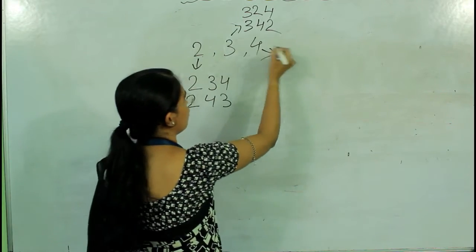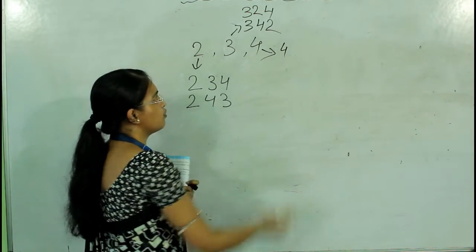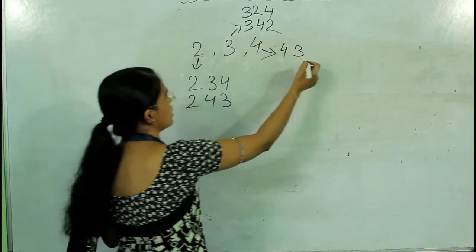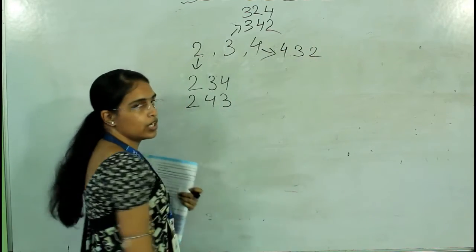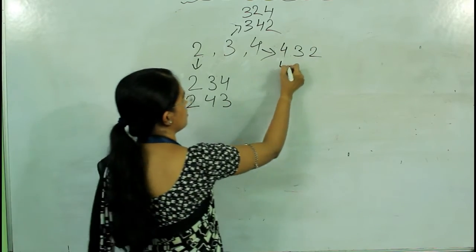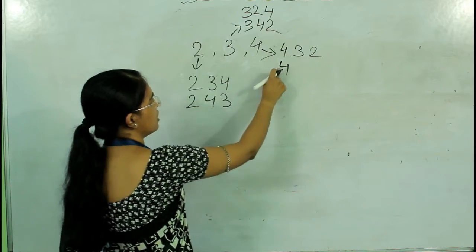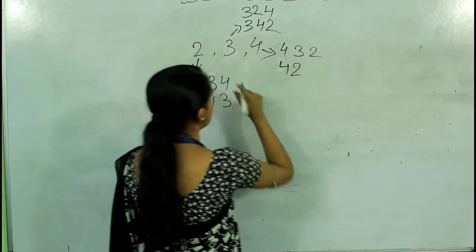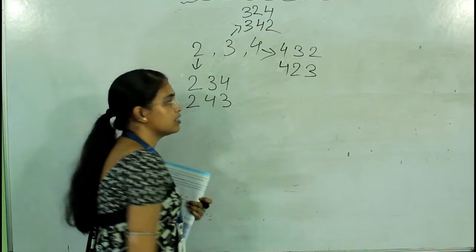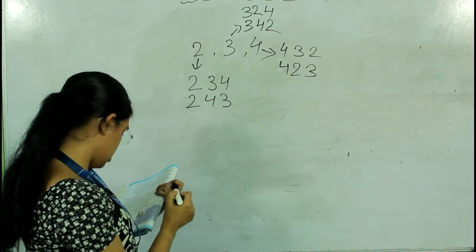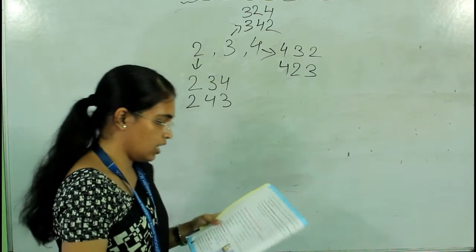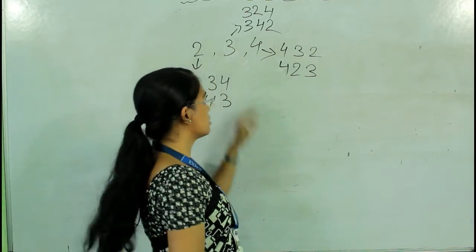Okay. So 4. First I take 4, then 3, then 2. So it becomes 432. Then another one: first 4, then 2, then 3. Then it becomes 423. So in this way, you can make different numbers with the help of the given digits.